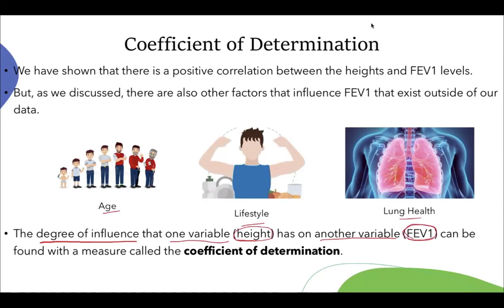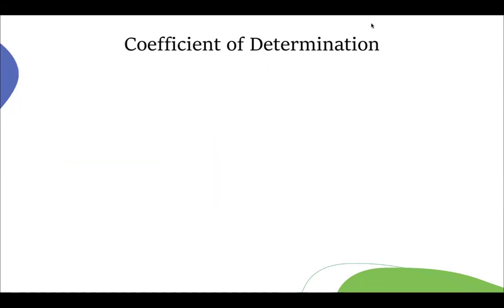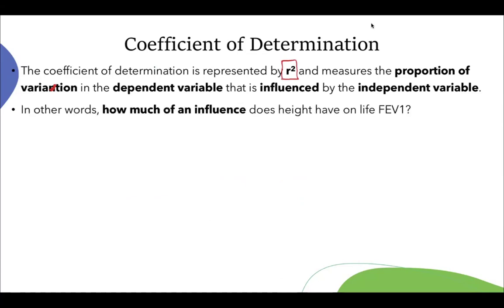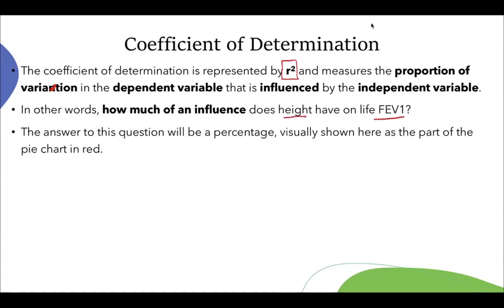Okay, the degree of influence that height has on FEV1, and it's usually expressed as a percentage. Okay, the coefficient of determination is represented by R squared, and it measures the proportion of variation in the dependent variable that is influenced by the independent variable. How much of an influence does height have on FEV1?